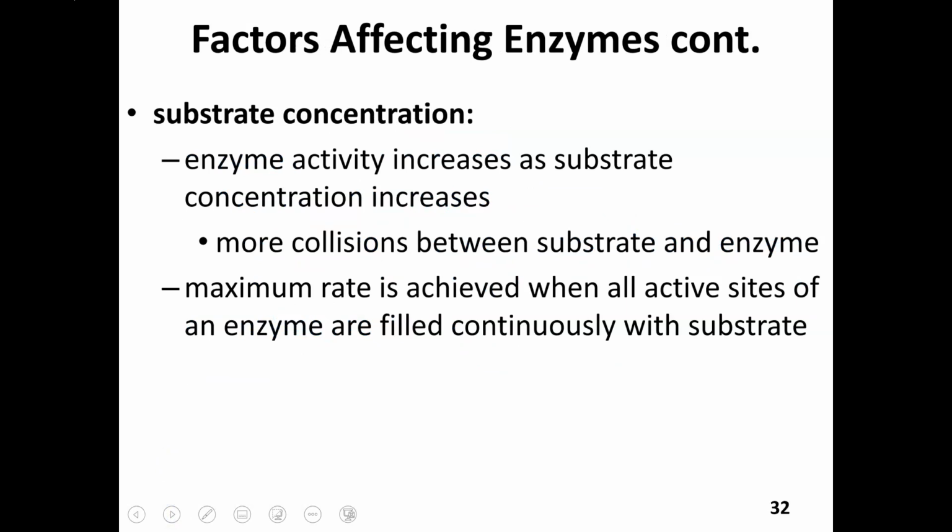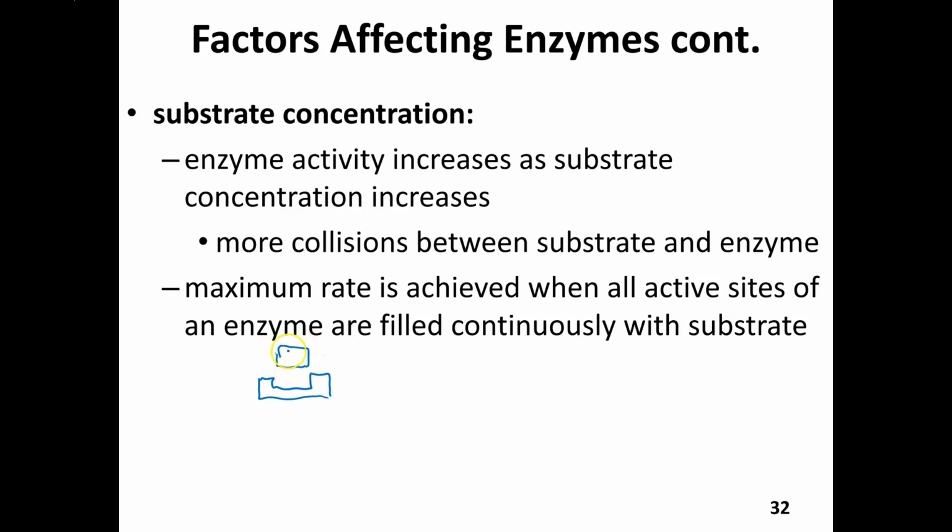So when we talk about substrate concentration, enzyme activity will always increase as substrate increases. And so the more collisions that enzymes and substrates can have, the more products that will be produced. And so I'm just going to draw this. Say this is an enzyme and this is the substrate.